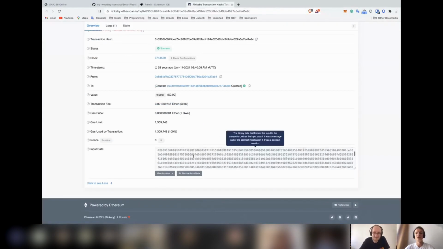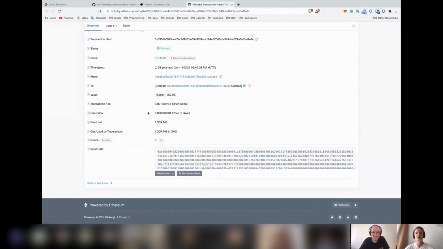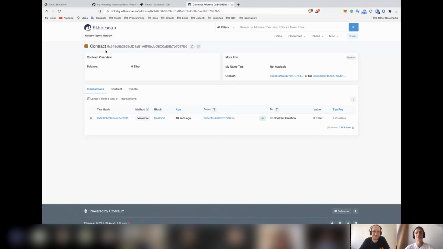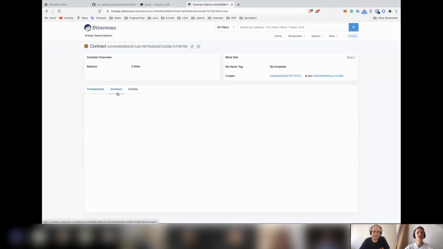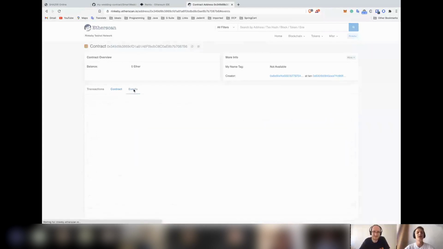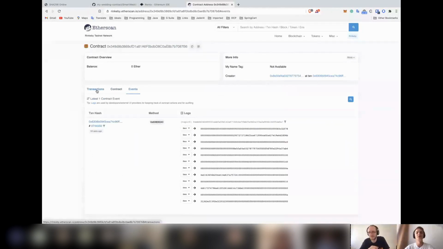So there is a binary code for that wedding contract, and that's the contract address. And you can interact with this address. You've got the compiled code, swarm source, and you can as well throw some events, so you can hook your application on the events in the blockchain.